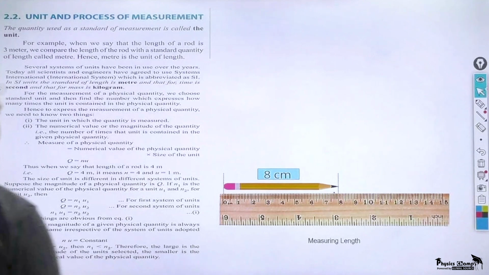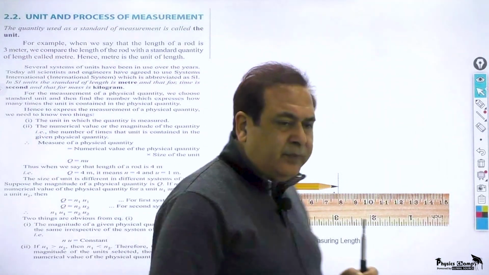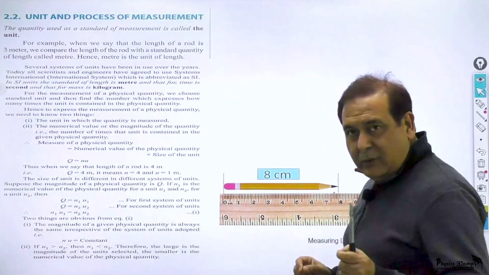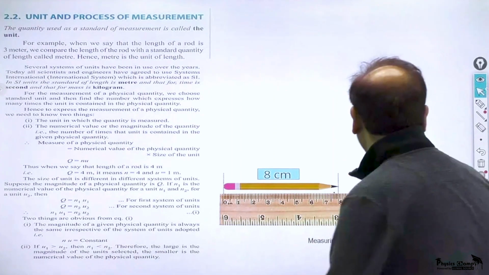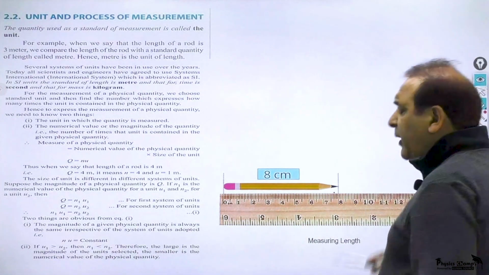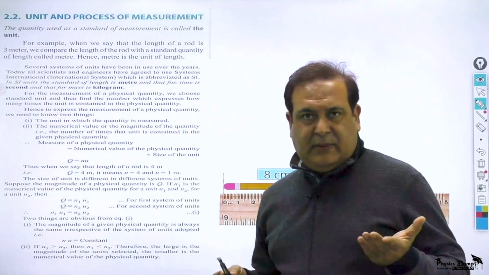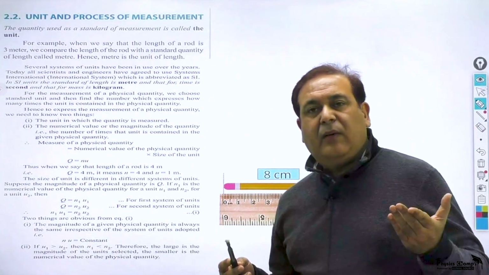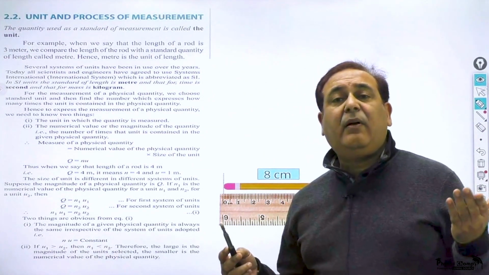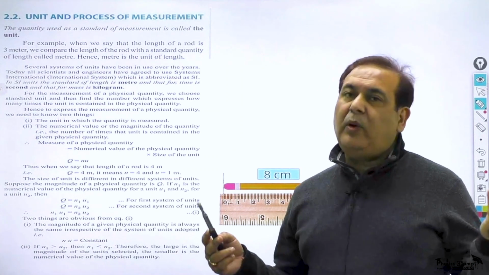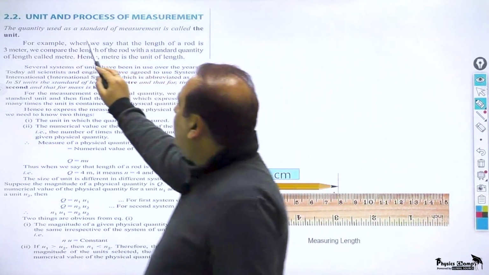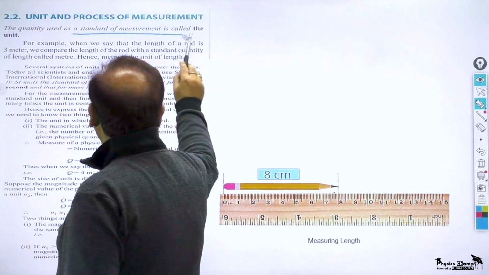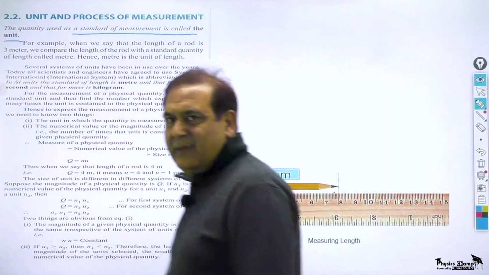So let's have a look once again, a detailed look at this unit and process of measurement. In case we are measuring length and I am taking 1 meter as the standard of measurement, I call it a unit. So I can say the quantity used as the standard of measurement is called a unit.